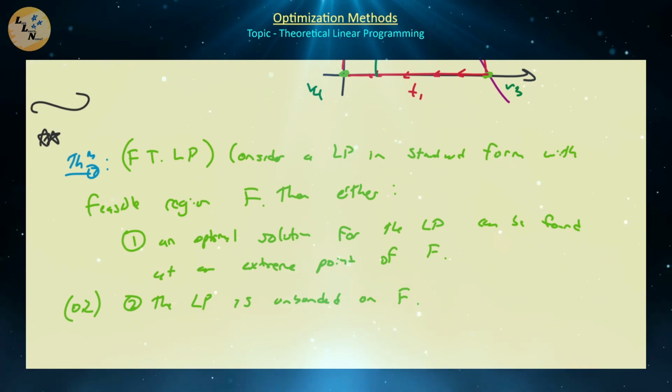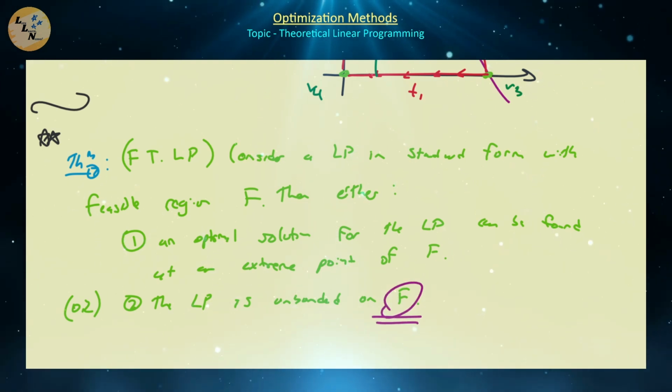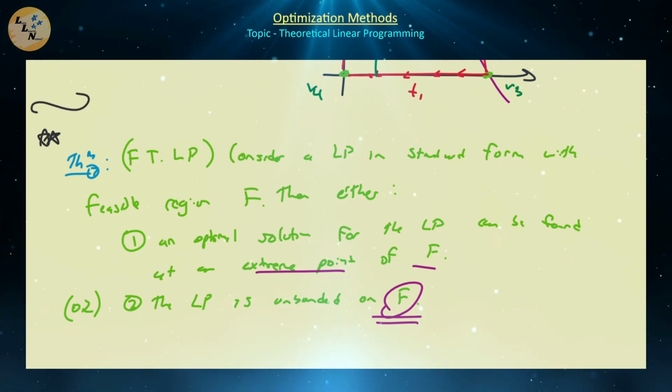That means if you are sure that you are working on the bounded feasible region F, which is of course an intersection of closed half spaces, the optimal solution always exists, and it always exists at an extreme point of that feasible region. And those are some of the most important theoretical concepts associated with theoretical linear programming.